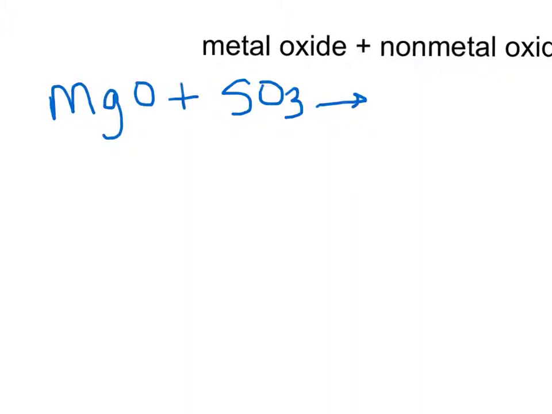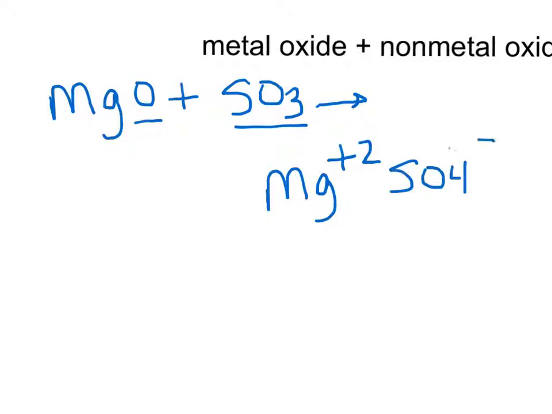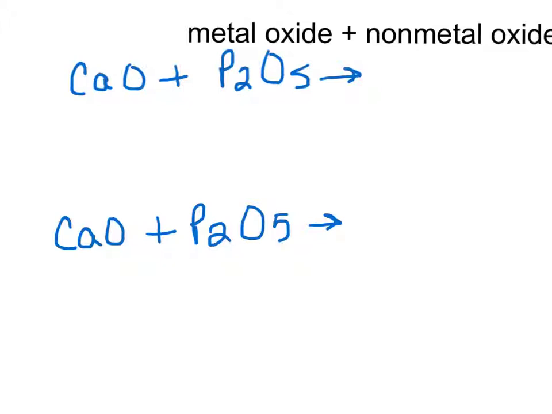Magnesium oxide is added to sulfur trioxide gas, so magnesium +2 is your only positive ion. SO3 and another O would give you SO4 -2. And so the formula would be MgSO4, magnesium sulfate. So sulfate is your polyatomic.